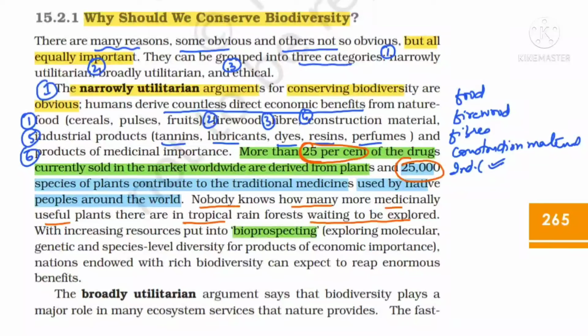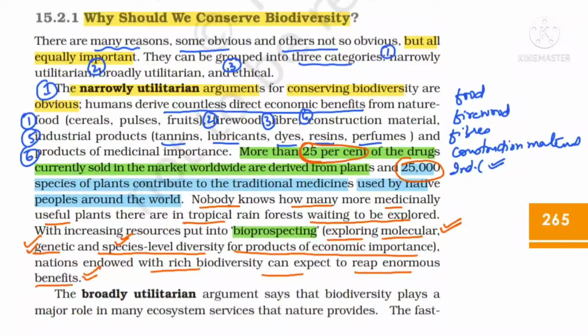Bioprospecting means we are exploring molecular level, genetic level, and species level diversity, and trying to extract products of economic importance. And if we are able to do bioprospecting, then the nations which are rich in diversity can expect to get a great benefit.